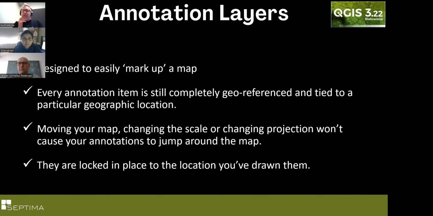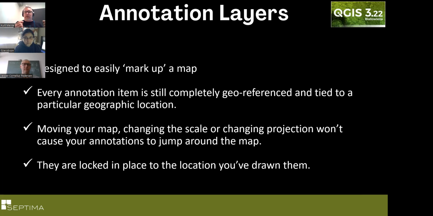I talked to you about annotation layers. Again, these are designed to make it easy for people to mark up a map. So like in your office, maybe you're looking at some data and you want to point out something that you noticed in the data to your boss or a customer. Or maybe you're making a map and you don't have any data for this one little feature that you want to add, so you can use these annotation layers to add that kind of extra text or points, lines, and polygons to the map.